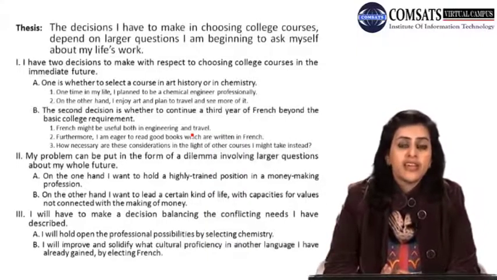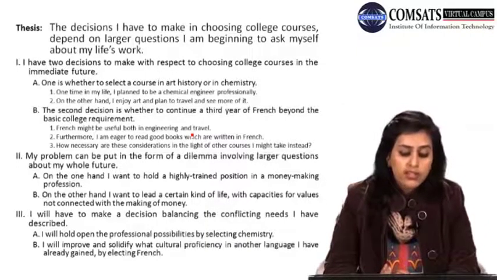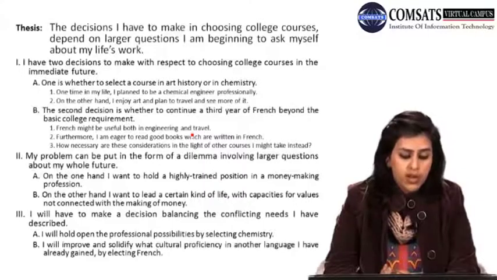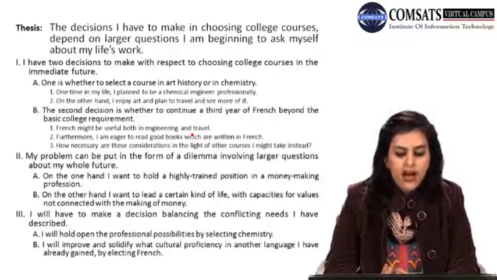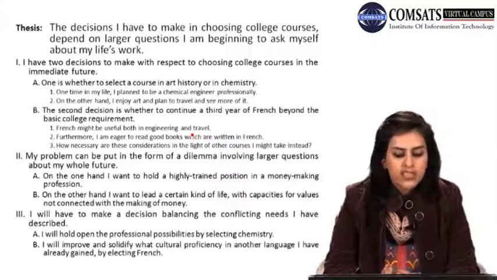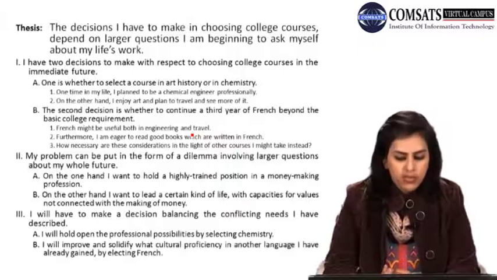In the first heading he says that he has two decisions to make after choosing college courses in the immediate future. One is whether to select a course in art history or in chemistry. So decision number 1 that he is supposed to make is that he is going to select a course in art history or in chemistry.